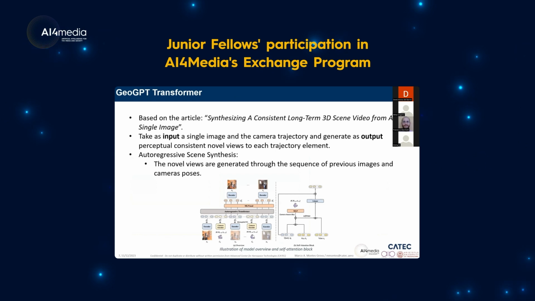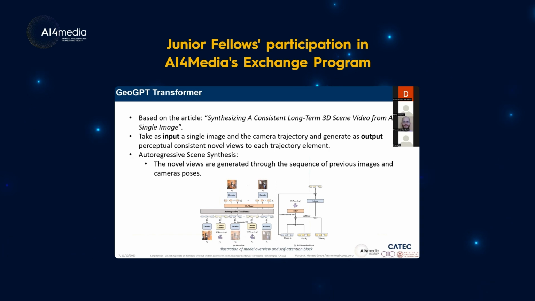Later, going deeper in the GeoGPT transformer, basically it's an architecture based on this article, that is the synthesization of consistent long-term 3D scene video from a single image. And the idea is that this architecture takes as input only one image and the camera trajectory that we want, and the output of the model is the novel views, the perceptually consistent novel views for each element of the trajectory.